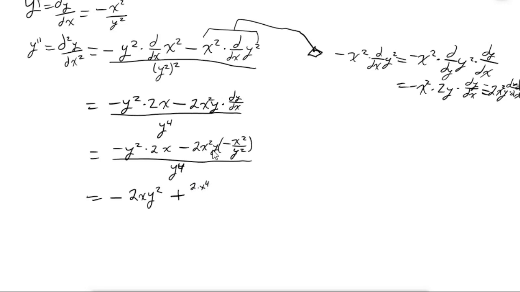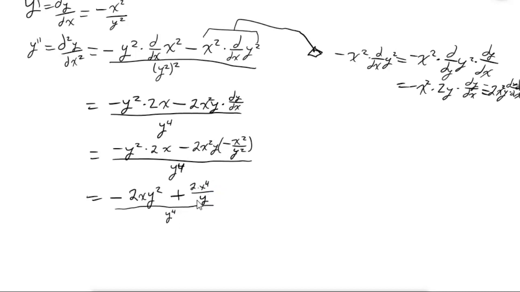And then I have a y multiplied by 1 over y squared, which gives me 1 over y. And then I'm going to keep my bottom still, y to the power of 4.